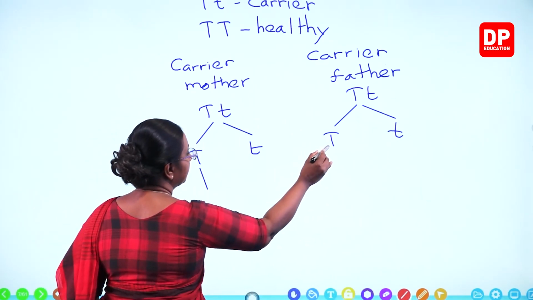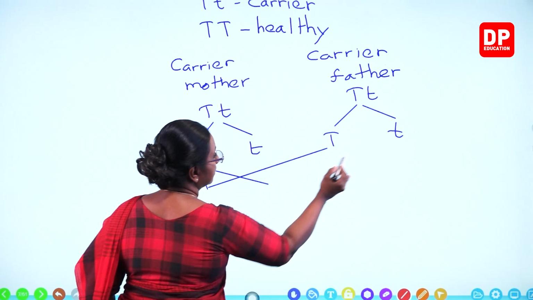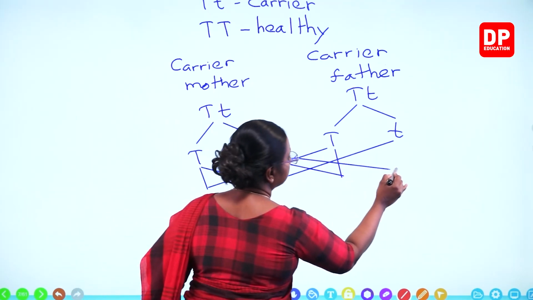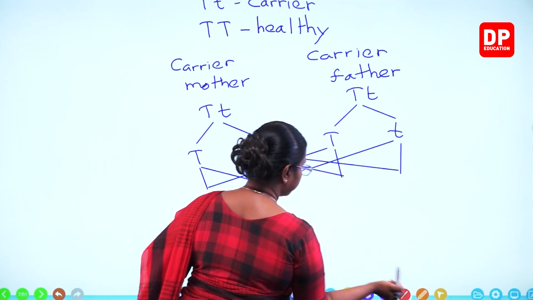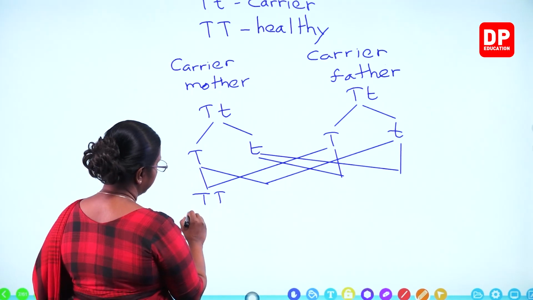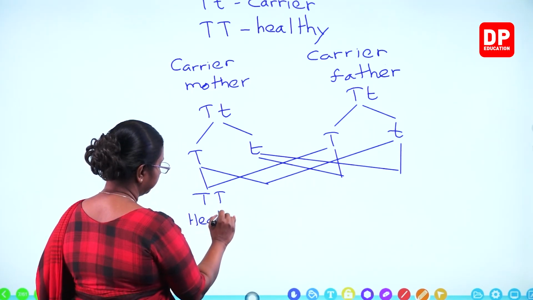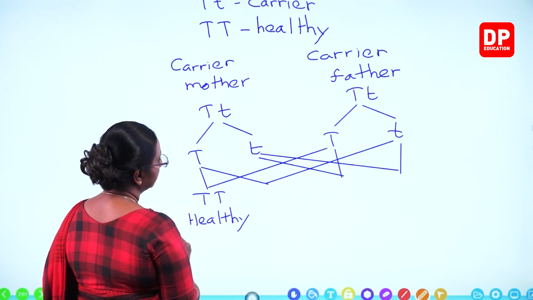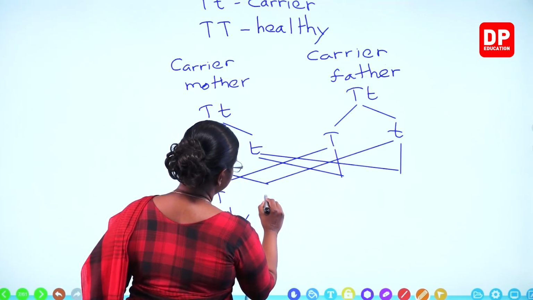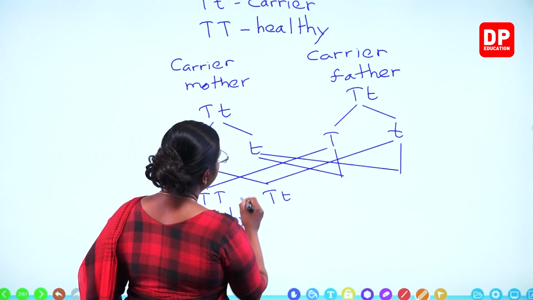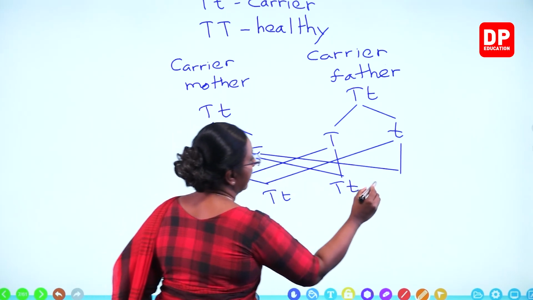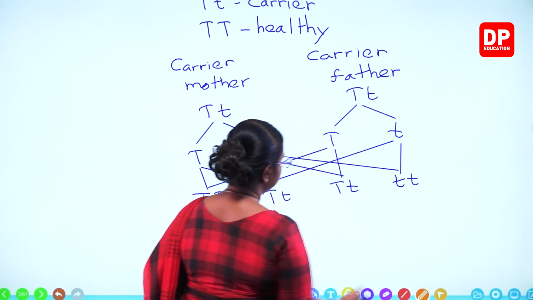Then when they combine, what will happen? Now here capital T, healthy offspring. Here you have capital T, simple t. Then we have again capital T, simple t, and simple t, simple t.